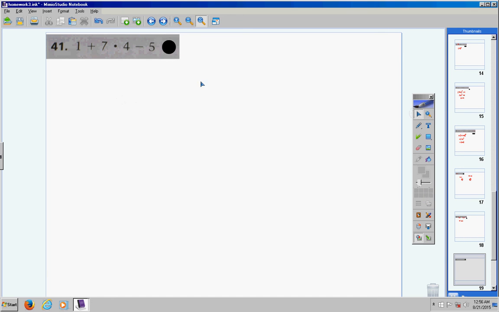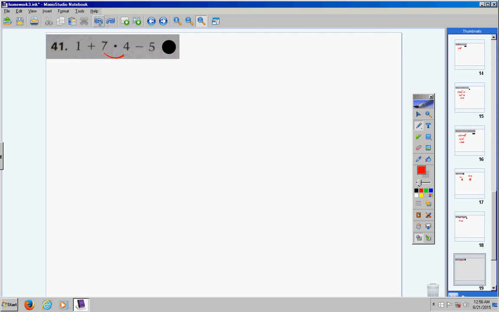Moving on to number 41. Okay, let's do your multiplication and division first. There they are. Now don't just assume you're going to bring down a positive sign. Remember, if this would have been negative right here, a positive times a negative is then negative 28. Okay?